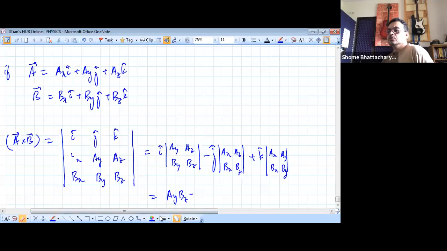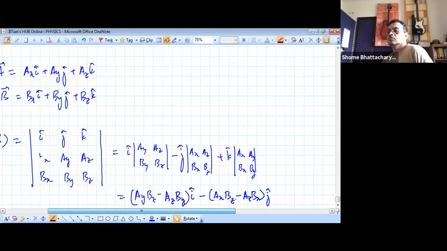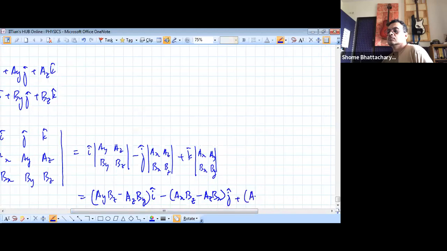Determinant of matrix you have studied in solving of simultaneous equations, so you are aware of it. Okay. It's that same principle here also. Okay.